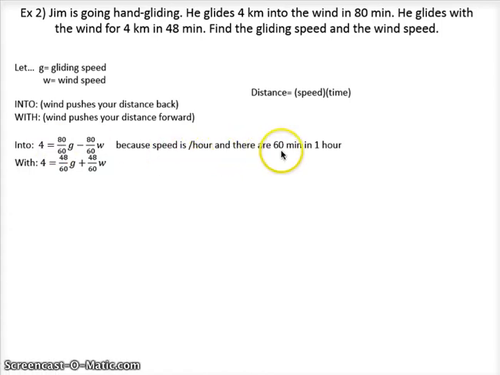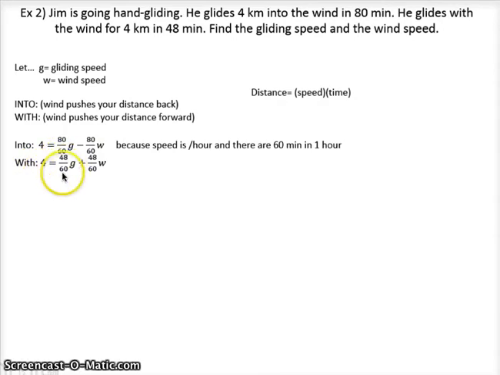So therefore, since 60 minutes are in 1 hour, we have to say 80 minutes out of 60 minutes for converting to hours. Again, we're going into the wind, so any distance that we travel from gliding speed will be reduced by the wind speed times the wind time, which is the same amount of time. With the wind, we'll still go 4 kilometers. We'll do it faster though.